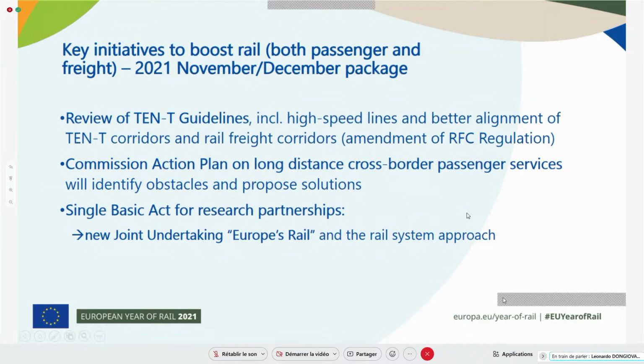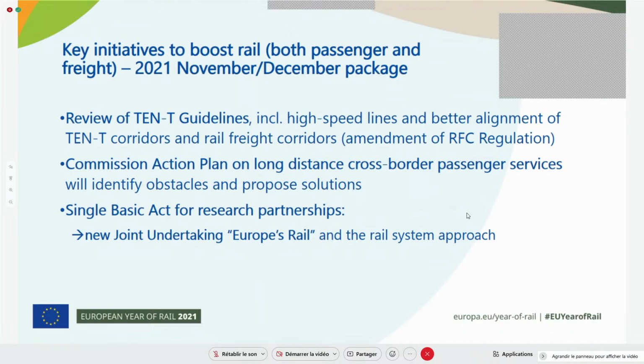So if you consider that the sustainable and smart mobility strategy was published in December 2020, the first actions are coming in 2021. There are two which are coming next week. They're expected for the 14th of December.